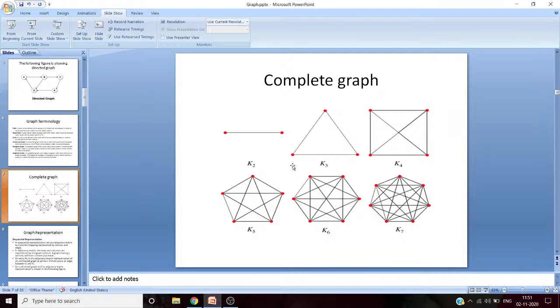If we consider these two, there is an edge. If we consider these two, there is an edge. So every pair of vertices has an edge. So that is what we call a complete graph. Is it clear?